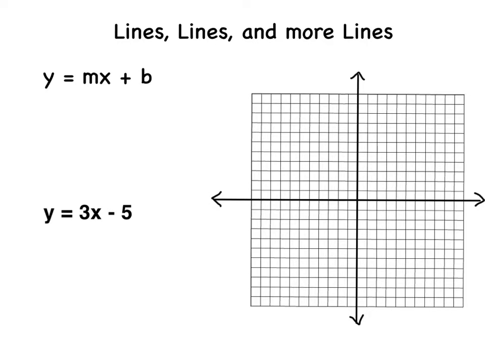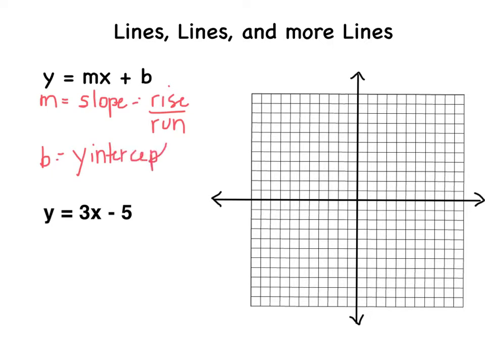So we have y = mx + b, where m stands for the slope, which is a rise over a run. b is the y-intercept, and this is where we start our graph.